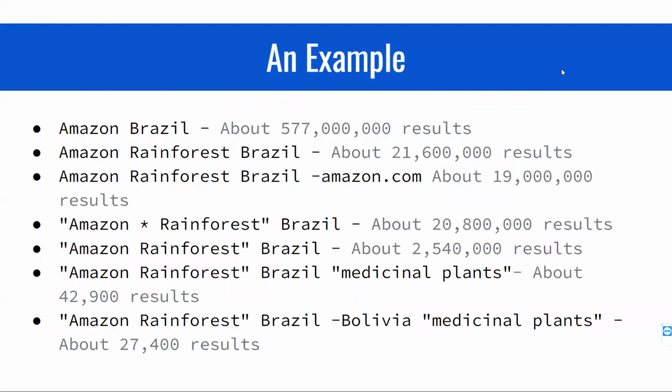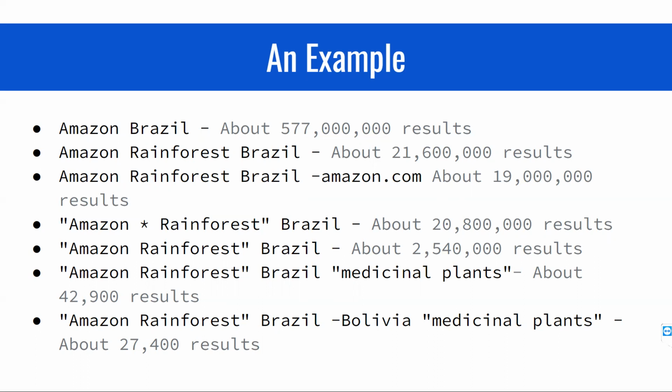Okay, here's an example of a search. So the first 2 words, Amazon, Brazil, and there's a lot of results to go through. If I throw in rainforest, Amazon rainforest, Brazil, and you need to understand that Google is assuming an and between each of these words, then it reduces the amount of results.